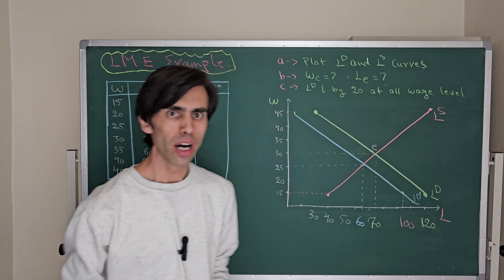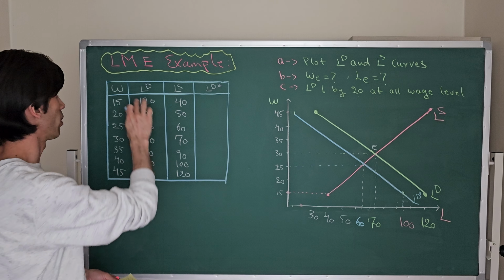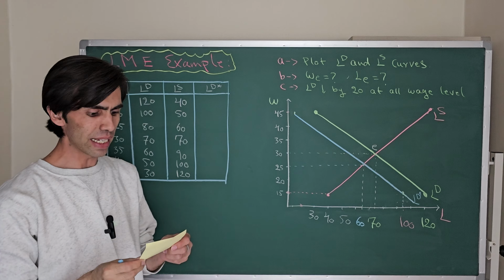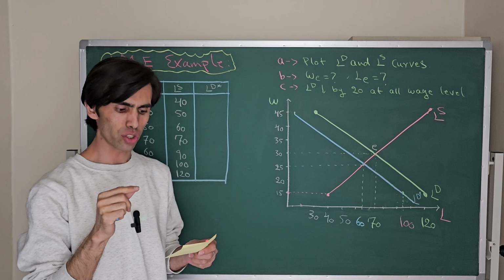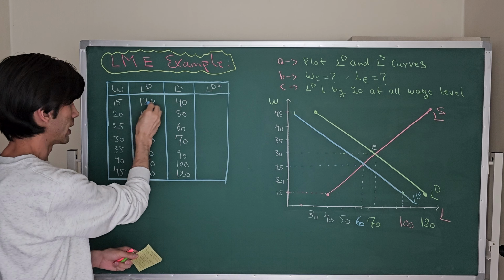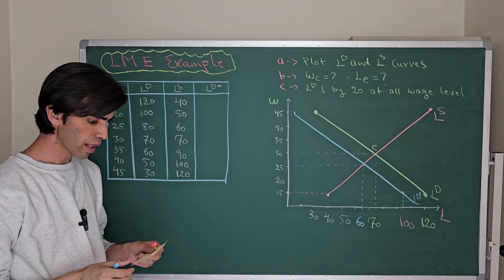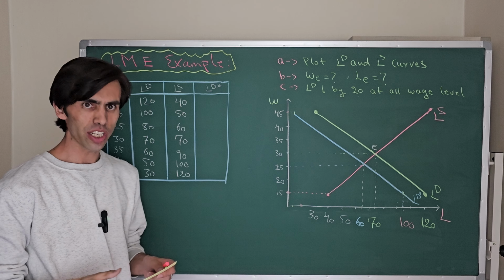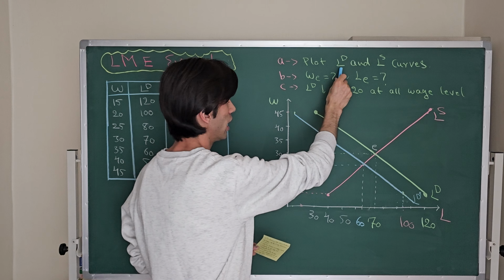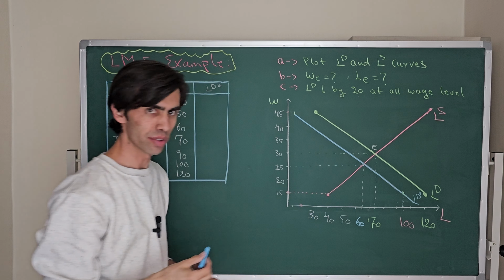In this video, I'm going to solve a numerical example about labor market equilibrium. The example says that the following table shows the demand and supply for X-ray technician in a town. A, plot labor demand and labor supply curves.